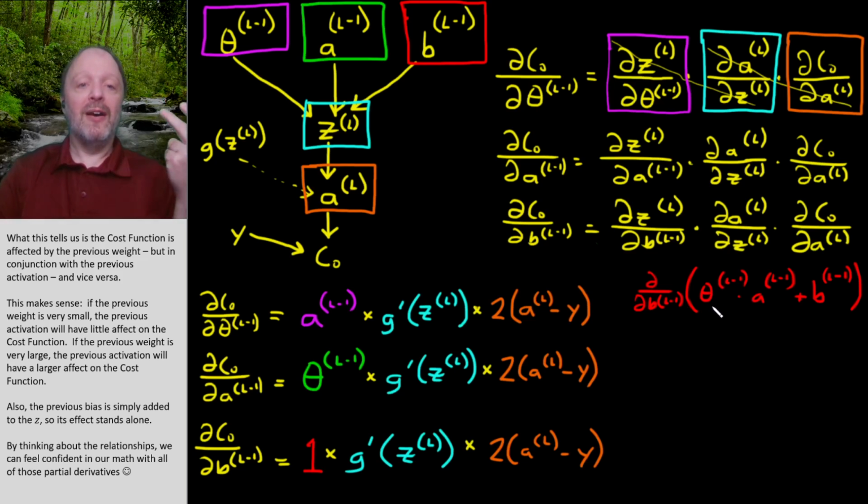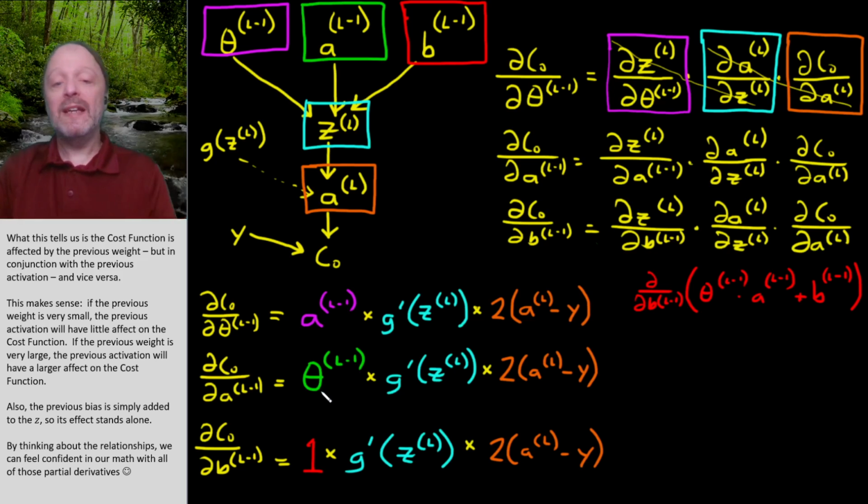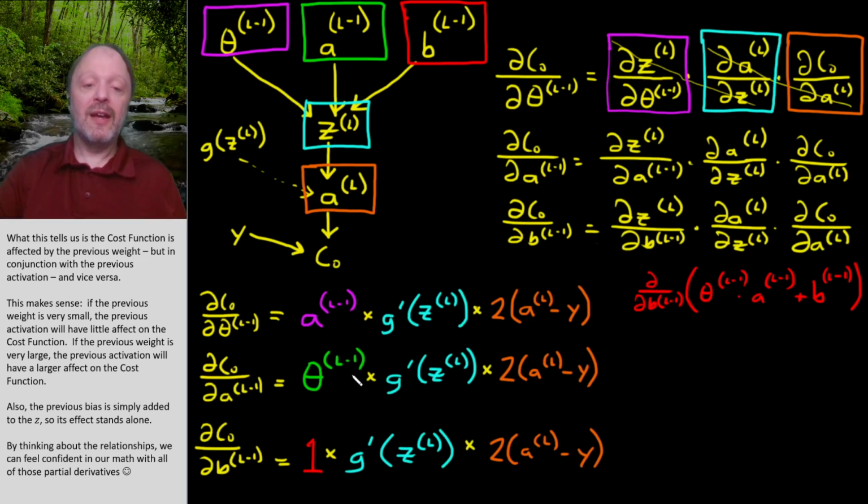So when you're trying to determine what your z is, the same thing happens when I try to see how the activation affects the cost. Well, it depends on how big the previous weight is.